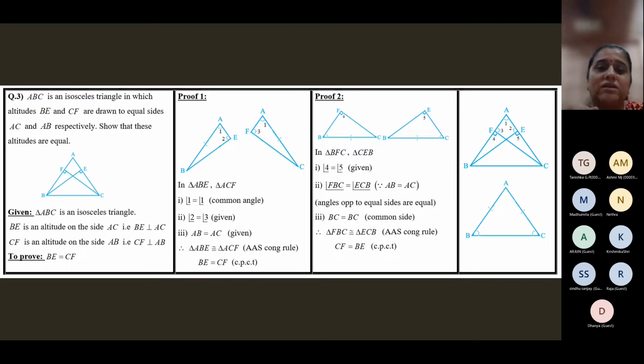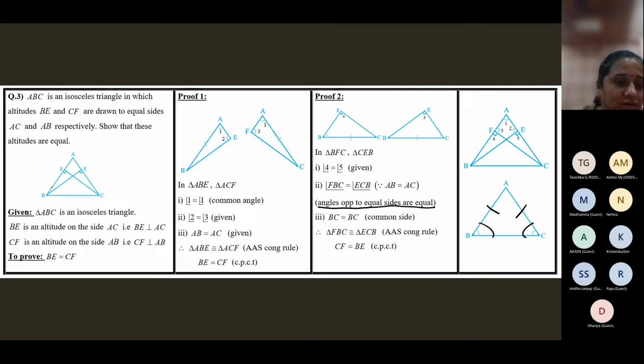Now you tell me, in triangle ABC, when AB is equal to AC, the opposite angles are equal. Yeah. So you can just say: angles opposite to equal sides are equal. Okay, fine. So we have this information: angle B is equal to angle C.